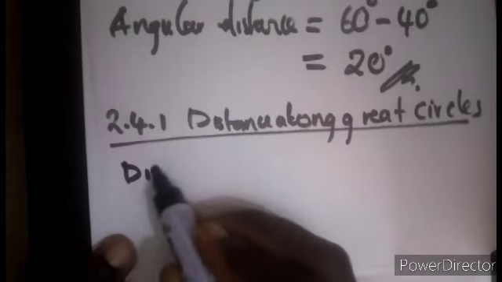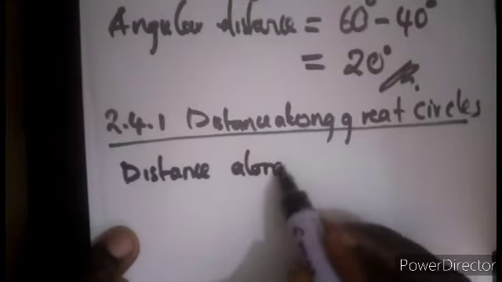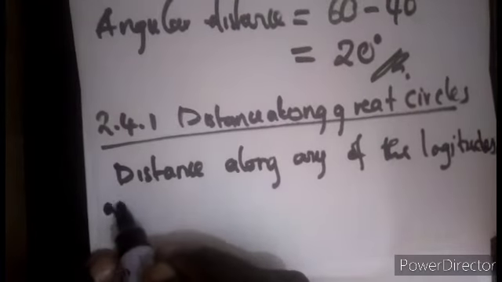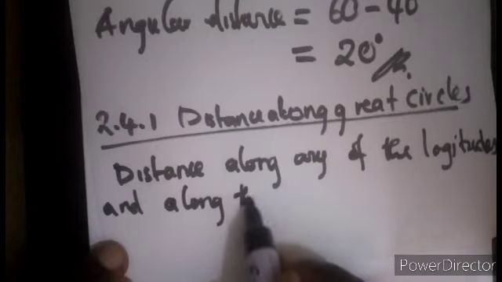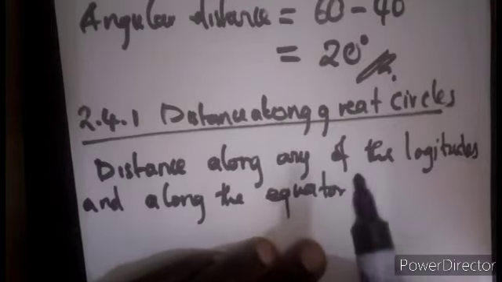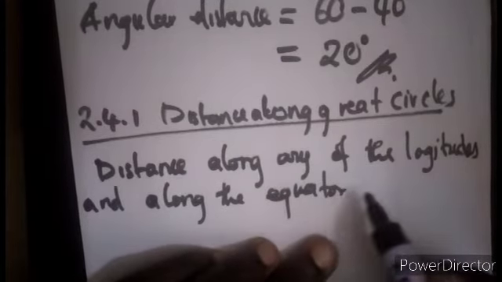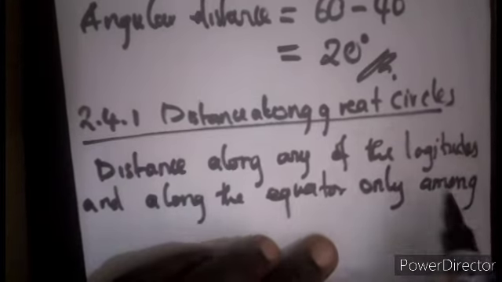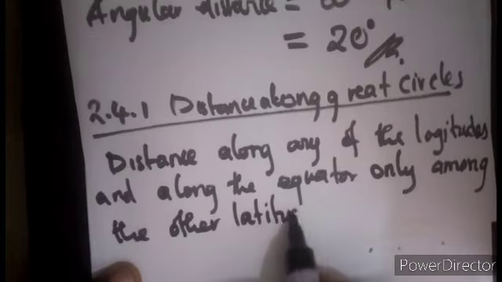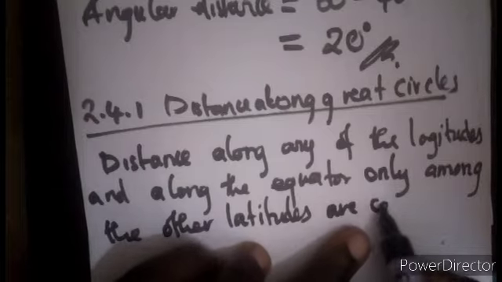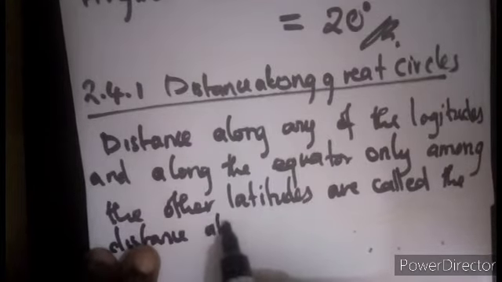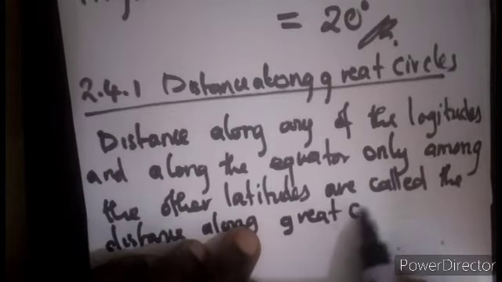You see, the distance along any of the longitudes and along the equator, and along the equator only among the other latitudes, are called distance along great circles.